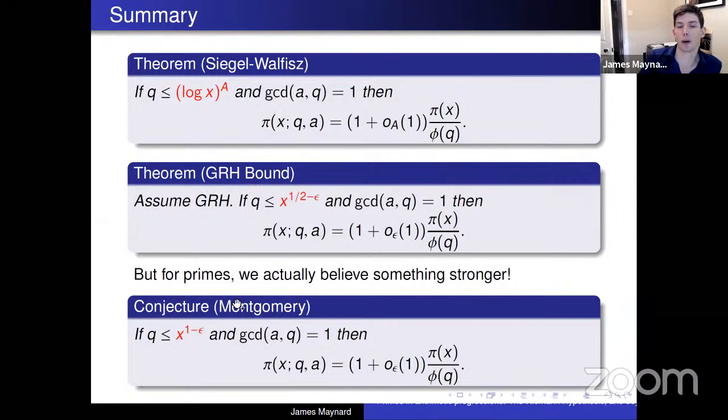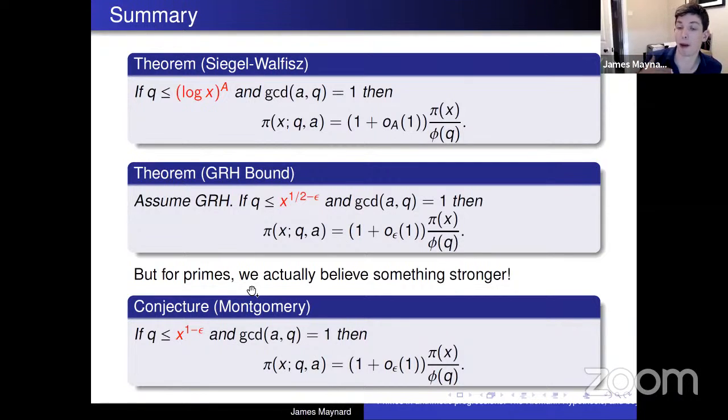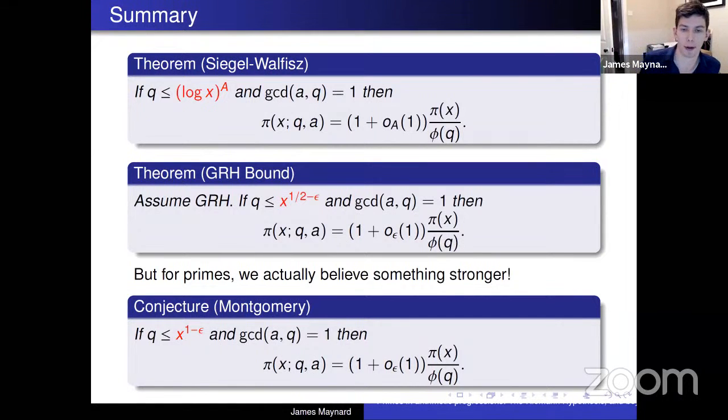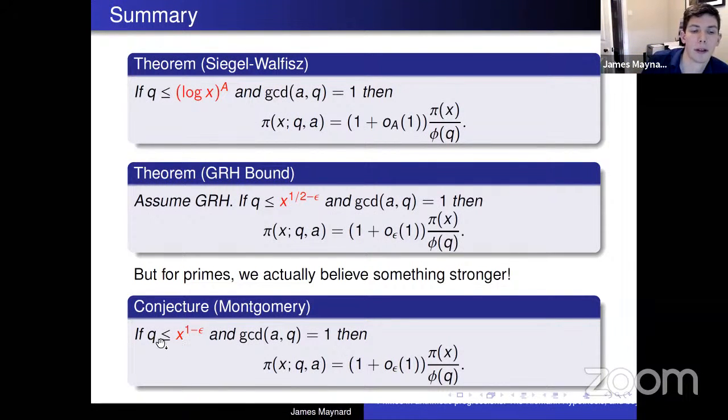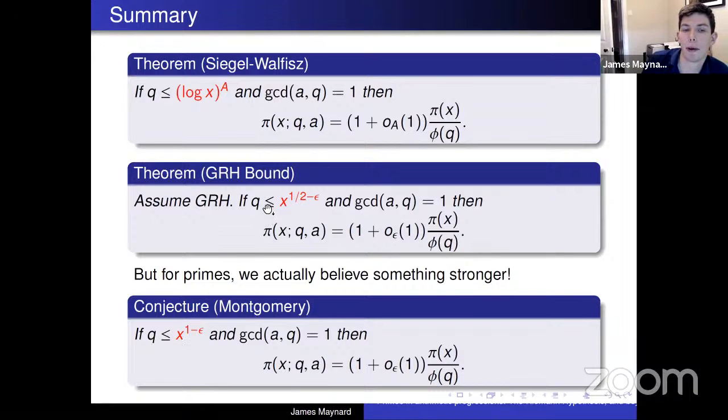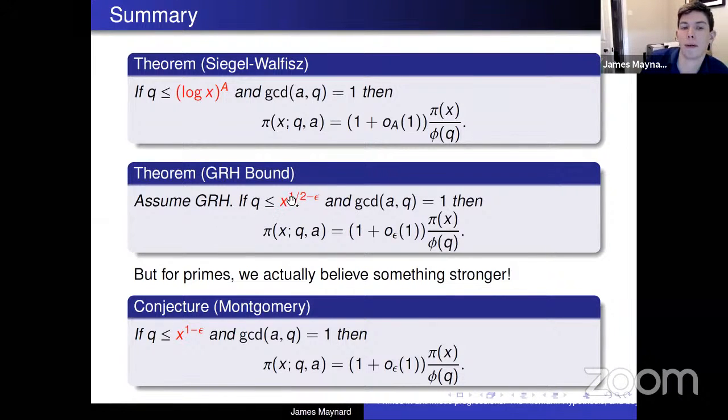So it's a conjecture of Montgomery, which we believe to be much harder than the generalized Riemann hypothesis, that in fact you get equidistribution amongst all the different residue classes a modulo q, whenever q is just a tiny bit smaller than x. So rather than q having to be smaller than x to the power 0.5, instead we can have q being at most x to the power 0.99999, and you'd still get this equidistribution.